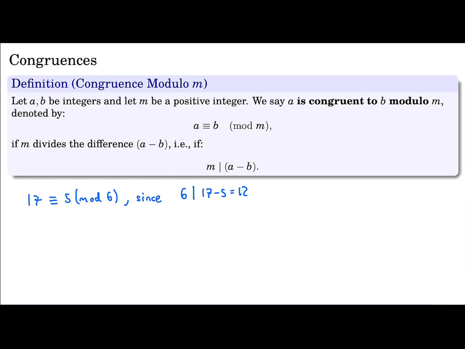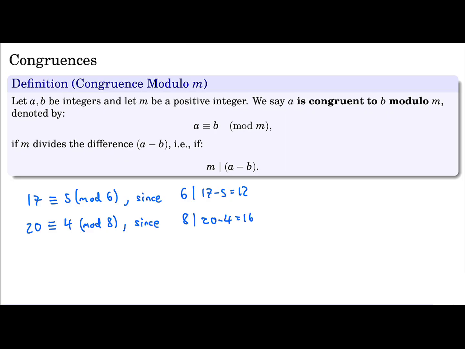Another example, 20 is congruent to 4 mod 8. Why? Since 8 divides the difference, 20 minus 4. So 20 minus 4 is equal to 16. Since 8 divides 16, then it is congruent.